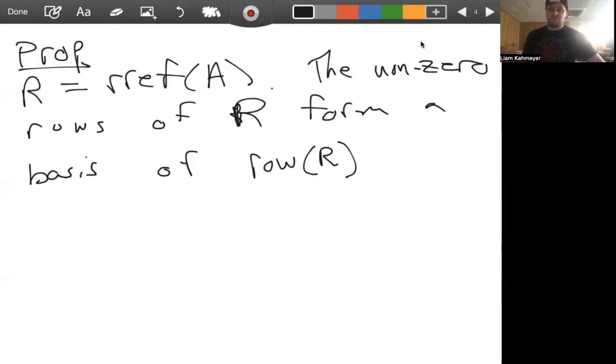But this is obtained via row operations, so we know that this would be the same as the row space of the original matrix A.